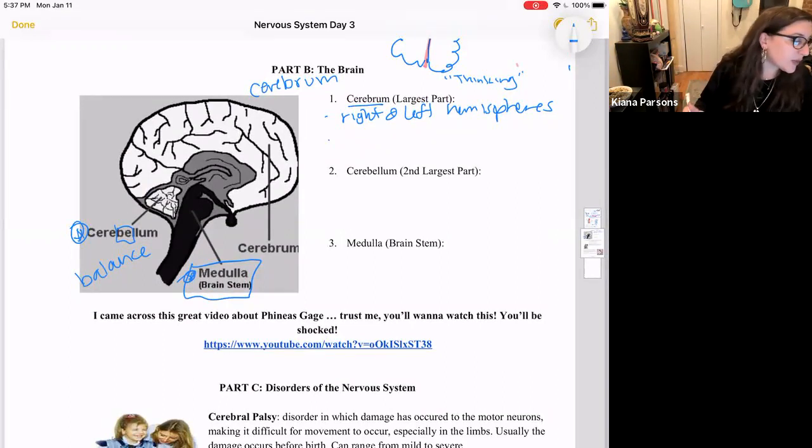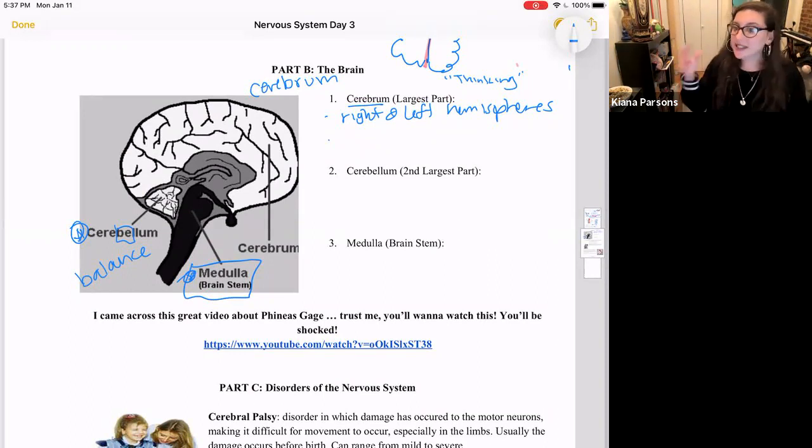So the cerebrum has the right and left hemispheres, which are joined by that line down the middle, the corpus callosum. The functions of the cerebrum are vast, right? Because this includes all of the lobes of our brain and many of the glands that are included within our brain as well. But let's just say a few here.